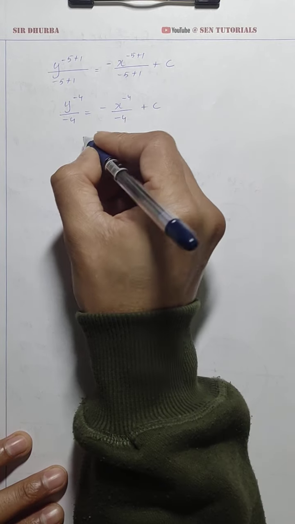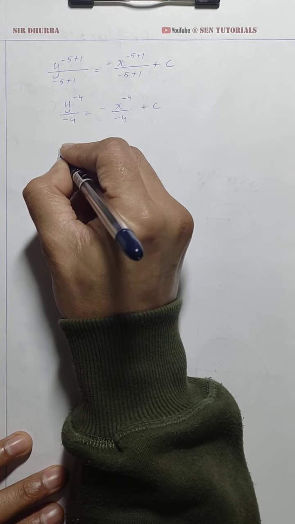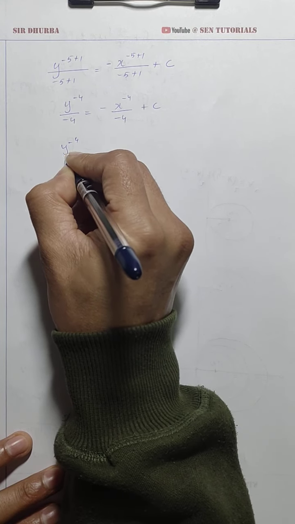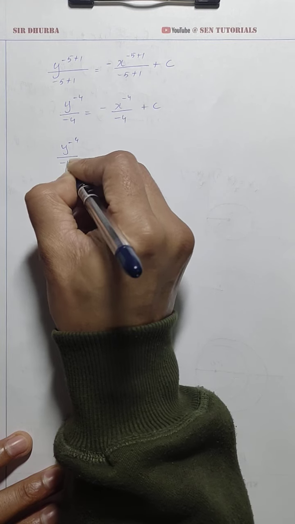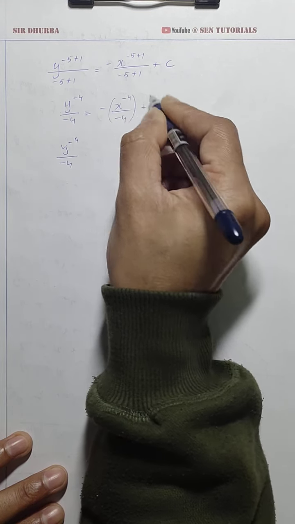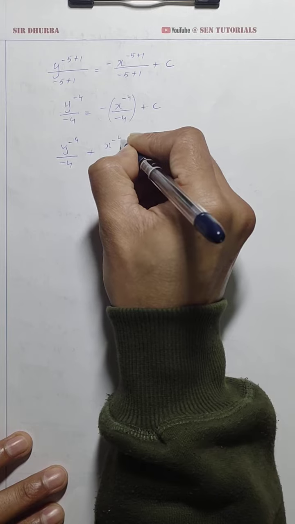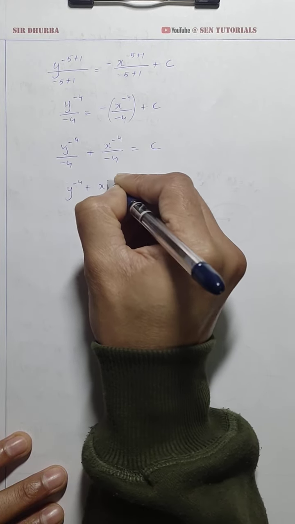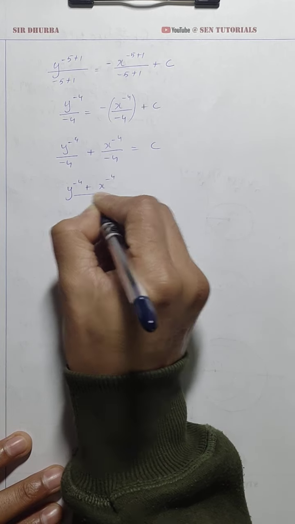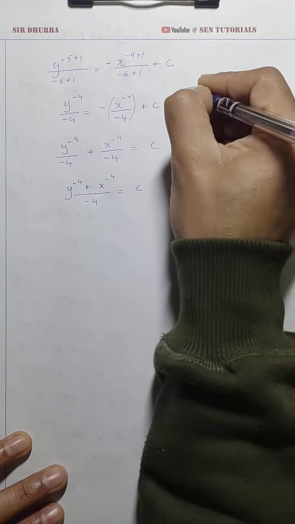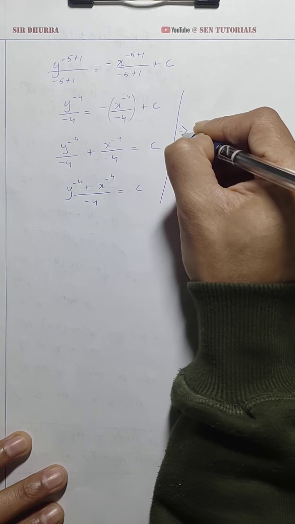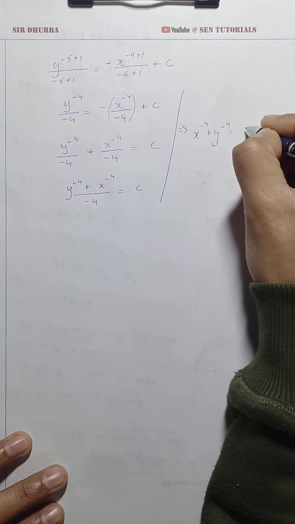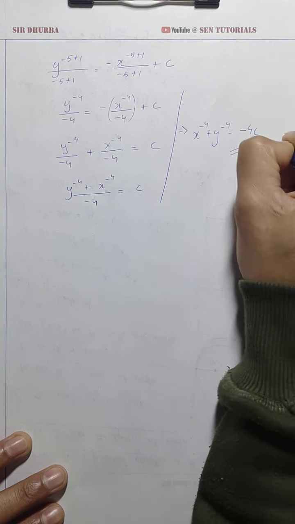Bringing the minus term to this side, y power minus 4 by minus 4 plus x power minus 4 by minus 4 equal to c, or with common LCM, y power minus 4 plus x power minus 4 by minus 4 equal to c. Arranging, x power minus 4 plus y power minus 4 equal to minus 4 times c.